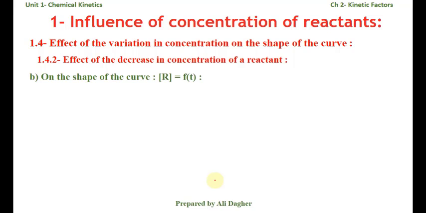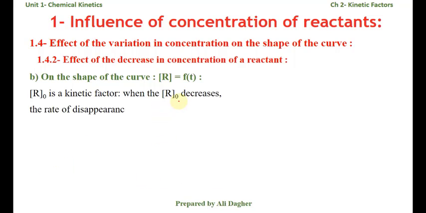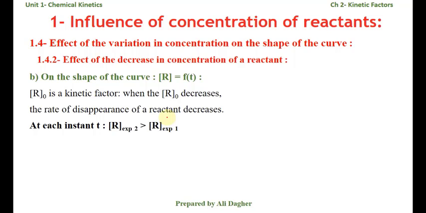Now, on the shape of the curve concentration of reactant equal Ft, same justification, initial concentration of reactant is the kinetic factor. When the initial concentration decreases, the rate of disappearance of reactant decreases. That means the concentration reacted decreases and the concentration left increases, so that at each instant the concentration of reactant left in experiment 2 is bigger than that in experiment 1, and the curve concentration of reactant equal Gt is over the curve concentration of reactant equal Ft.